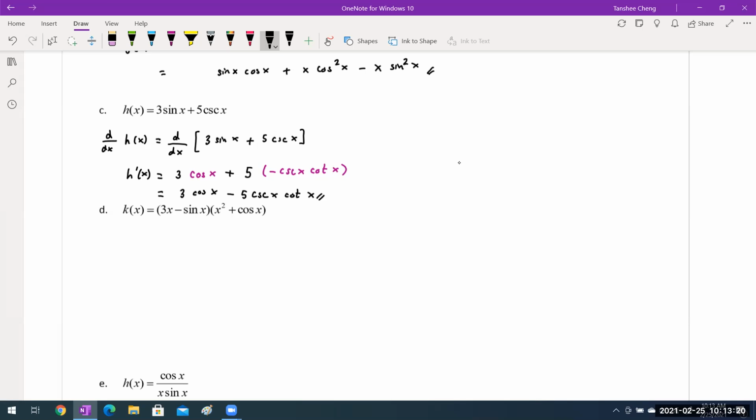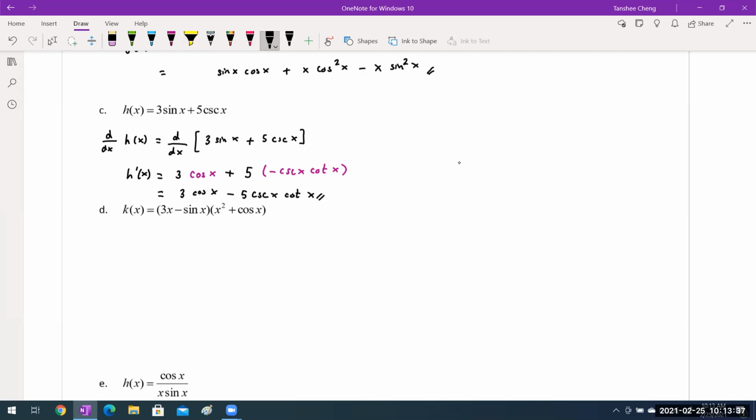The next example is a little bit more complicated because we're going to have to use what? Product rule. And then in the product rule, we need to use what? Each one, each term.